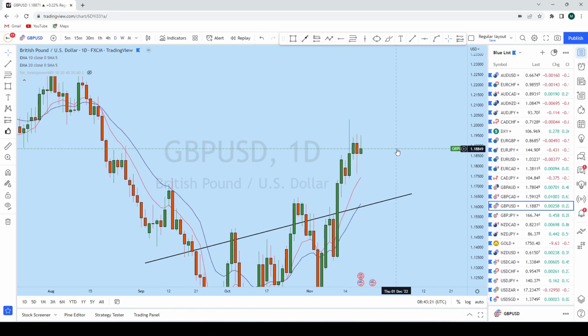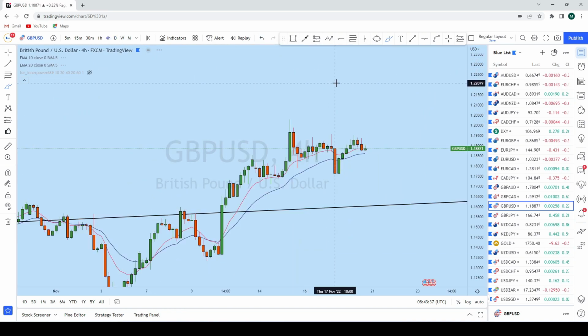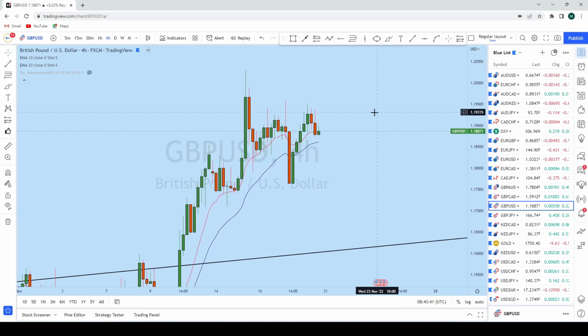What we can expect on GBPUSD is for the price to primarily break to the downside to test this previous resistance zone, which is turning support, and from here we might see GBPUSD creating a bullish move again. On the intraday perspective, we'll be waiting for a potential setup.